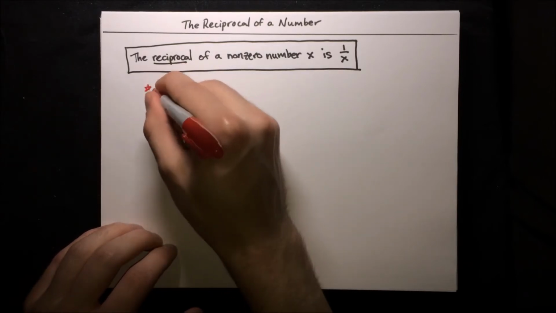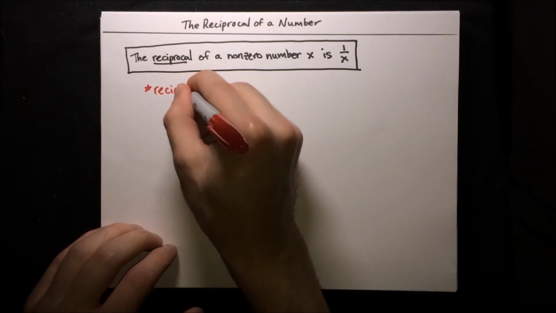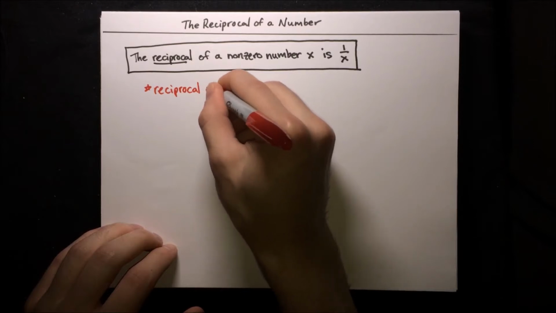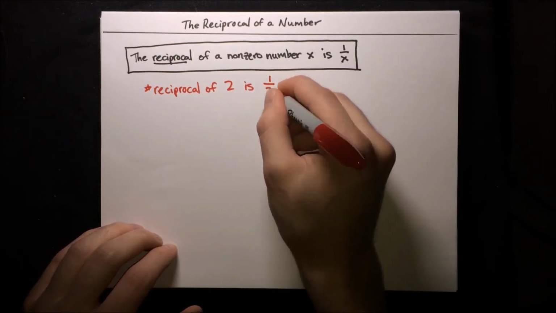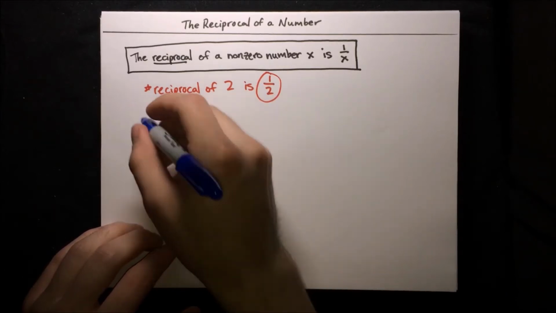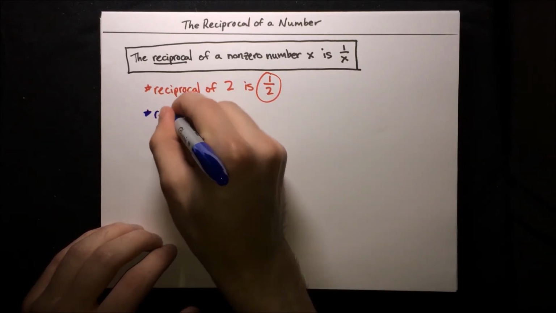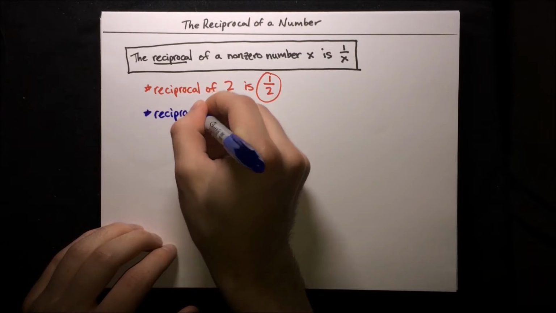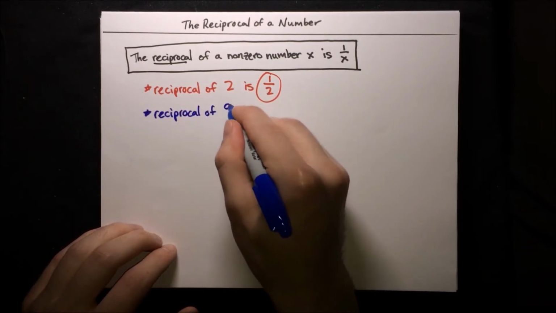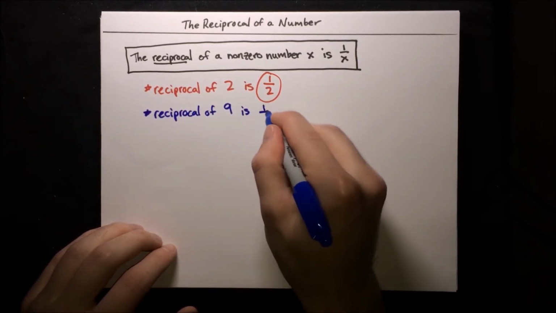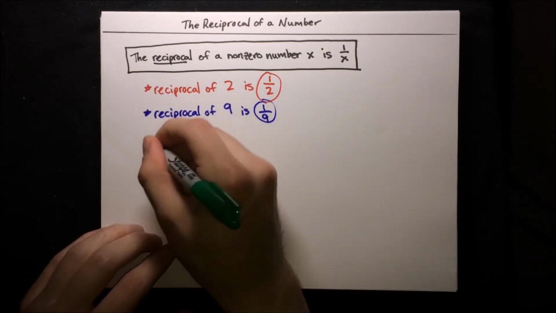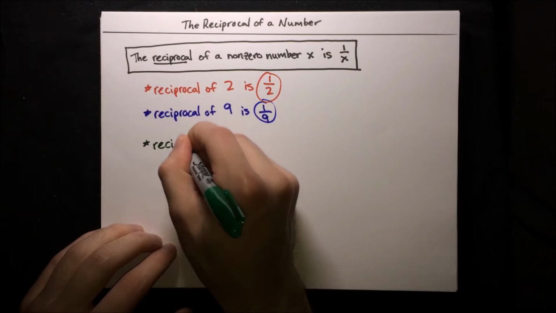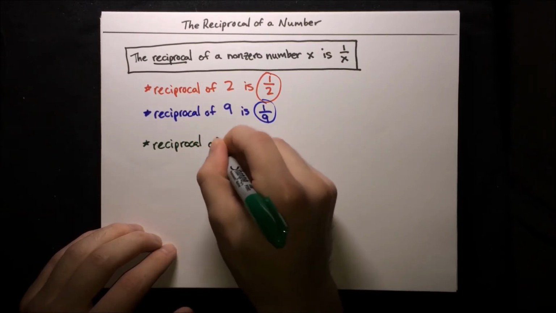For example, the reciprocal of 2 is just 1 over 2, or a half. Likewise, the reciprocal of 9 is just 1 over 9, or 1/9. How about the reciprocal of 1?